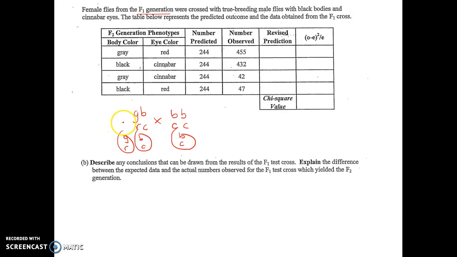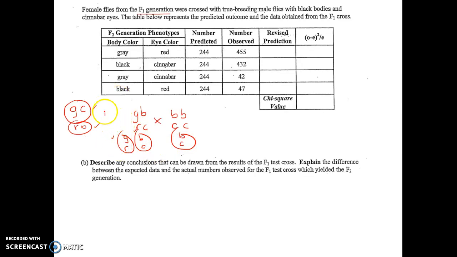These gametes can be made over here, assuming that they are linked. If they were unlinked and on two different chromosomes, then you would also get this combination as one, and this combination as another of the gametes. So notice that these are all four different ones here.